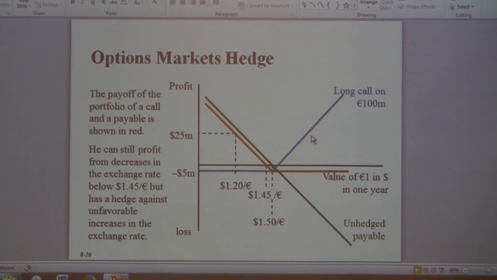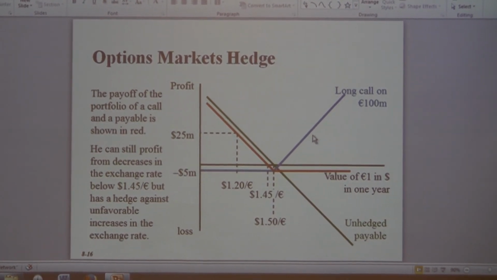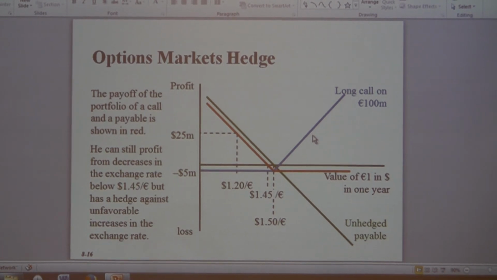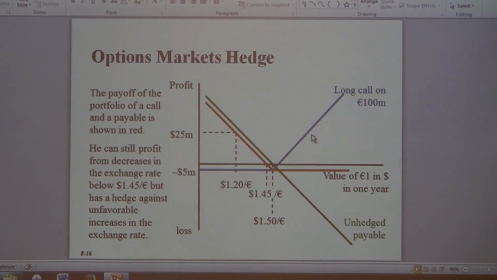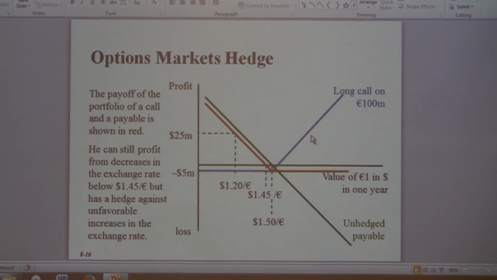Okay, to do this, I think we can look at two examples. And the two examples we want to look at is, let's say at the end, the market exchange rate is 1.45. So if the market exchange rate is 1.45, what do you think will happen here? Before we start, maybe we can calculate how much they spend for the option.